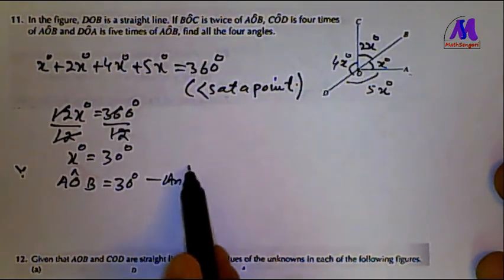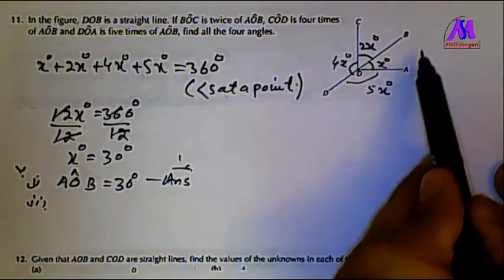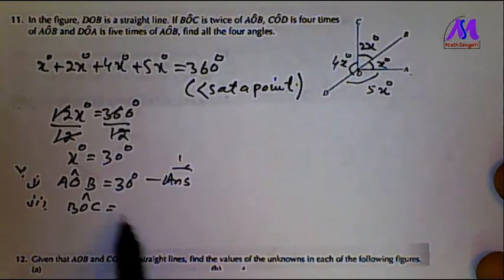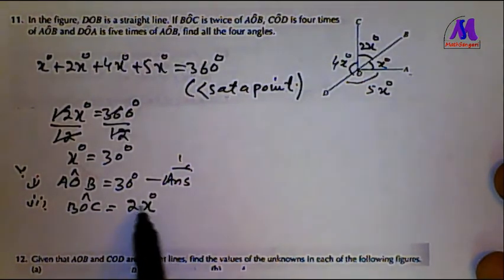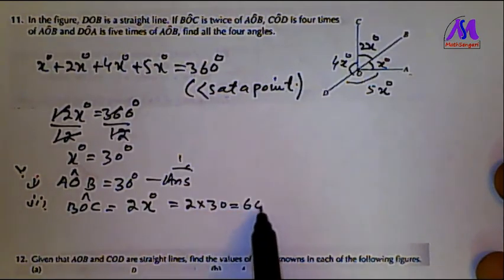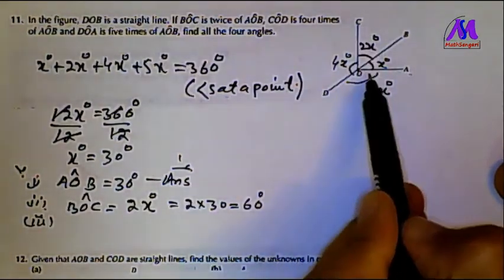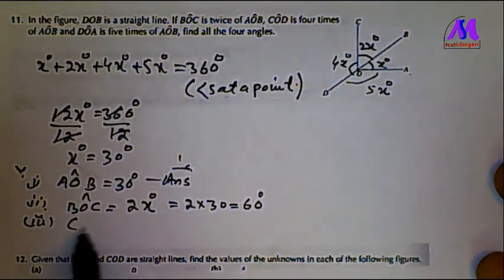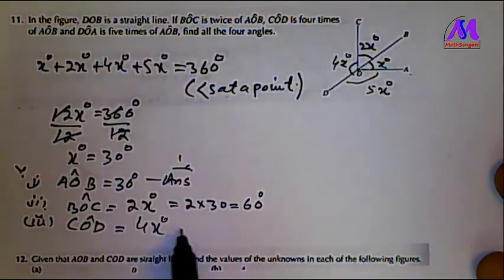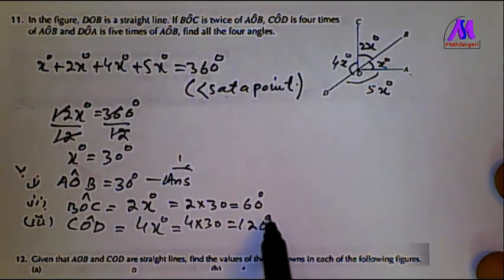That's answer number 1. Next angle, which is BOC. BOC angle will be equal to 2x degrees, multiplied by 30, so it will be equal to 60 degrees. And the third angle, which is COD, will be equal to 4x degrees, which is 4 multiplied by 30, equal to 120 degrees.